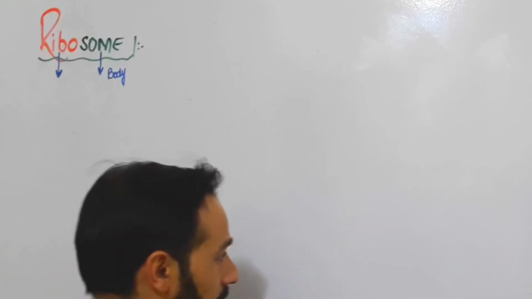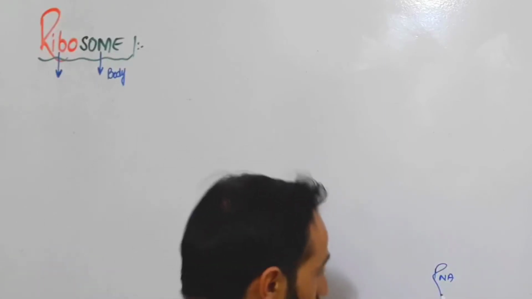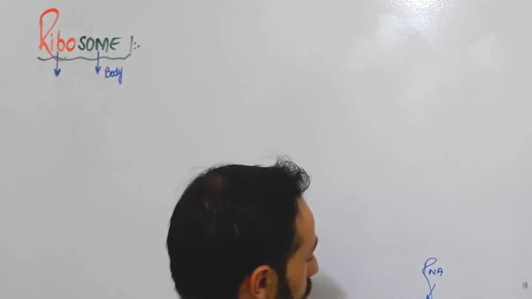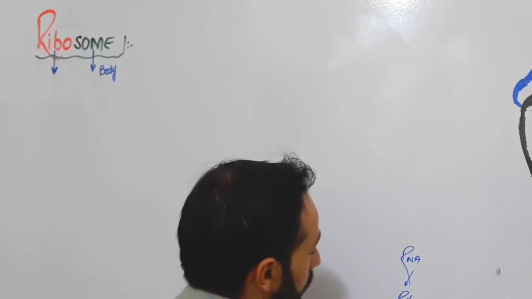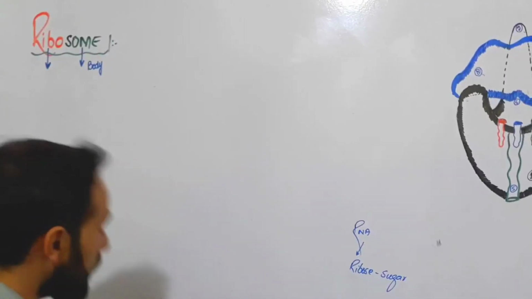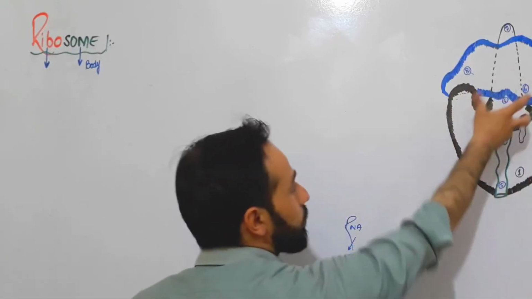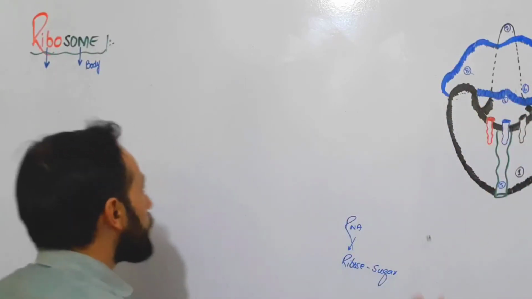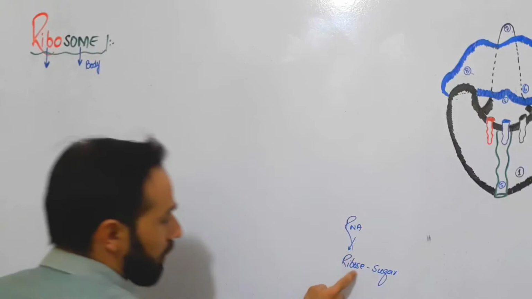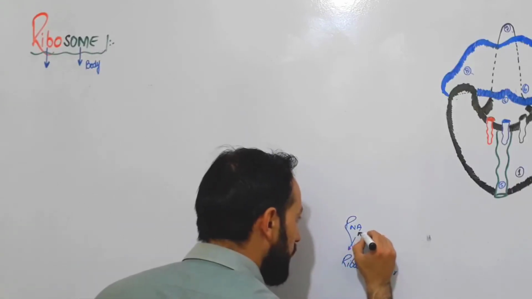And you know that in our RNA we have a sugar, and that sugar is called the ribose sugar, right? So that's why we say this is a little body, a very small body which contains this ribose sugar, and it means that ribose sugar is present in RNA.